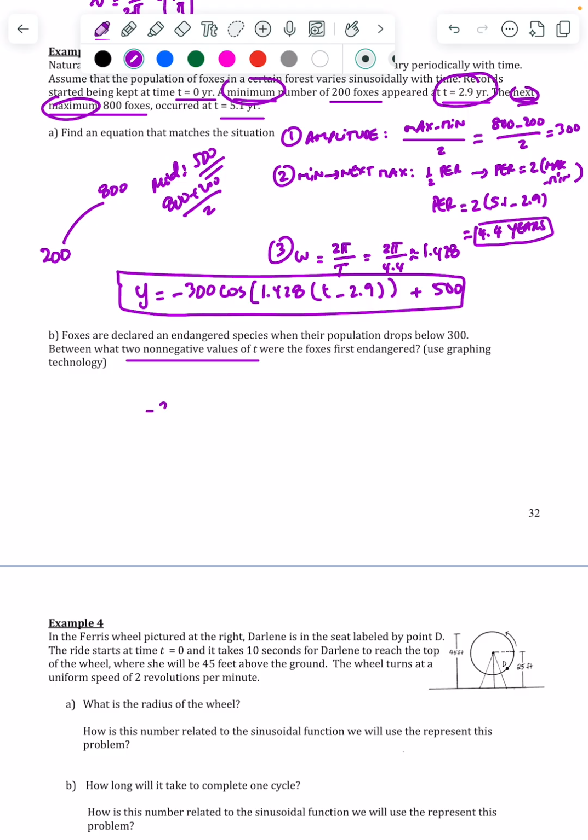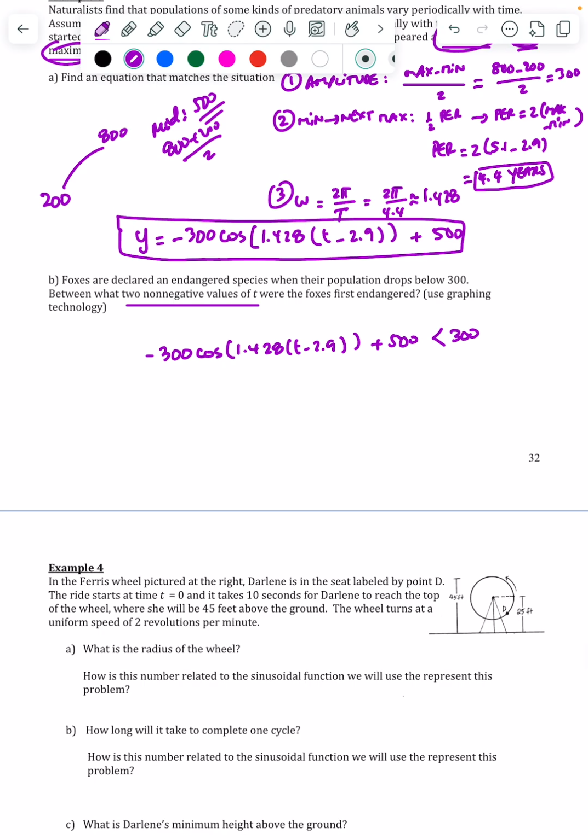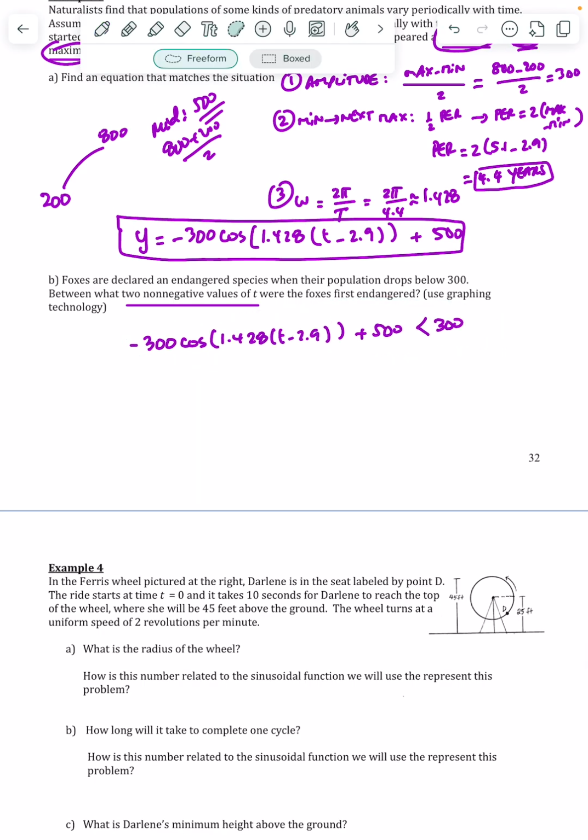So we want to take our equation, which is negative 300 cosine of 1.428 quantity t minus 2.9, close parenthesis, plus 500. I want to set that to be less than 300. So we start working on this algebraically, and at the end we can use a graphing utility. In this case, I frequently use the TI-84 Plus, and I recommend that.